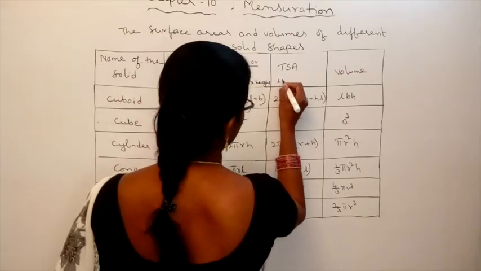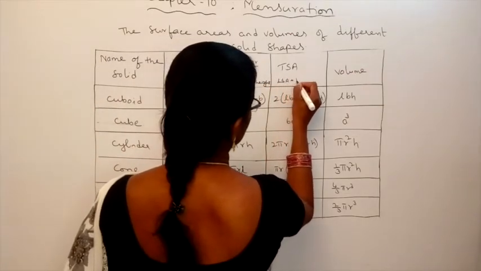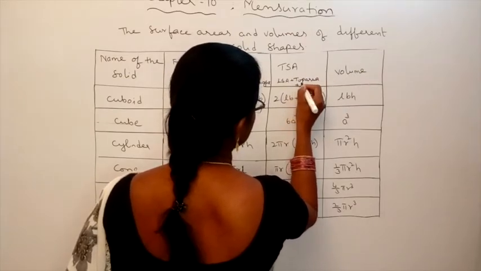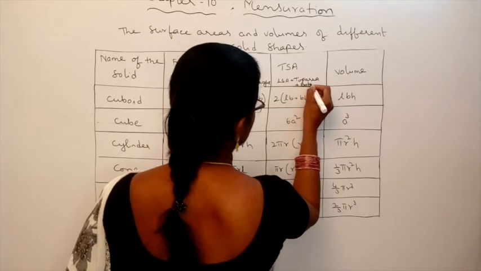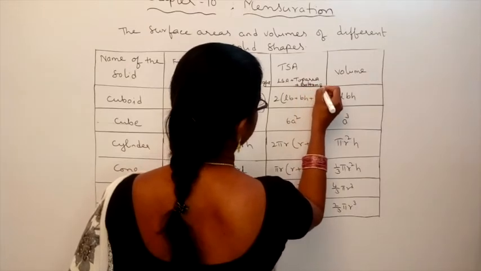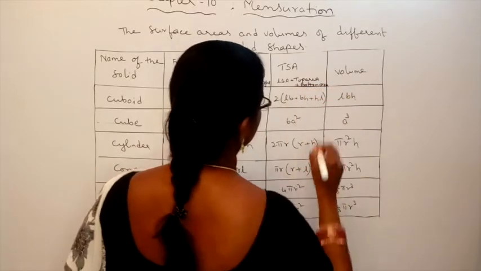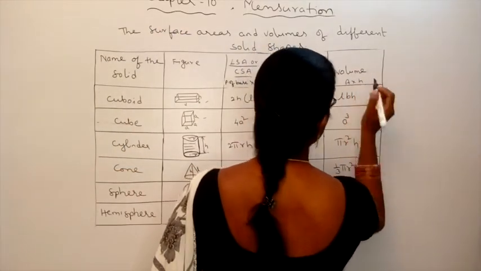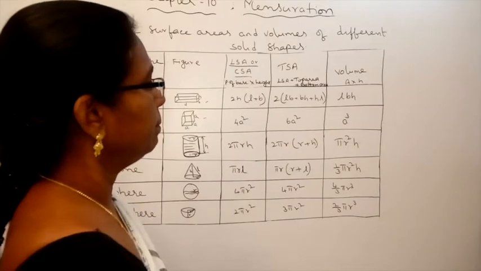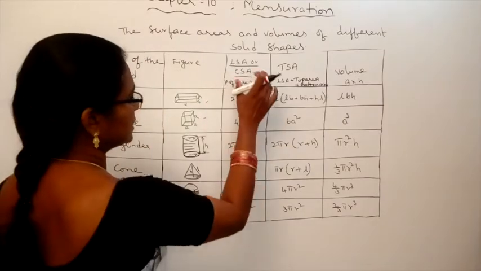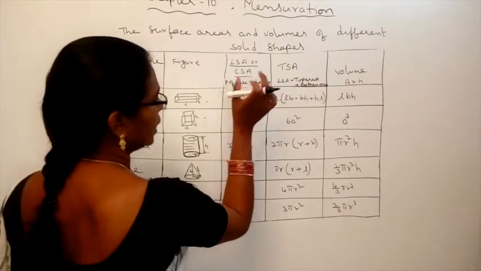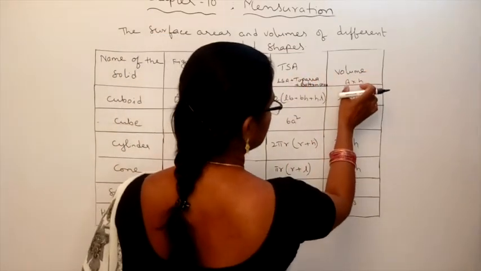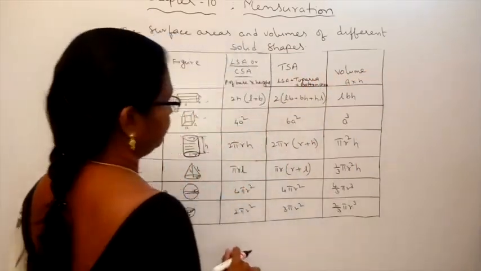TSA means LSA plus top area plus bottom area. Now volume is equal to area into height. These are the standard forms: the general form of LSA or CSA is perimeter of base into height, TSA is LSA plus top area plus bottom area, and volume is area into height.